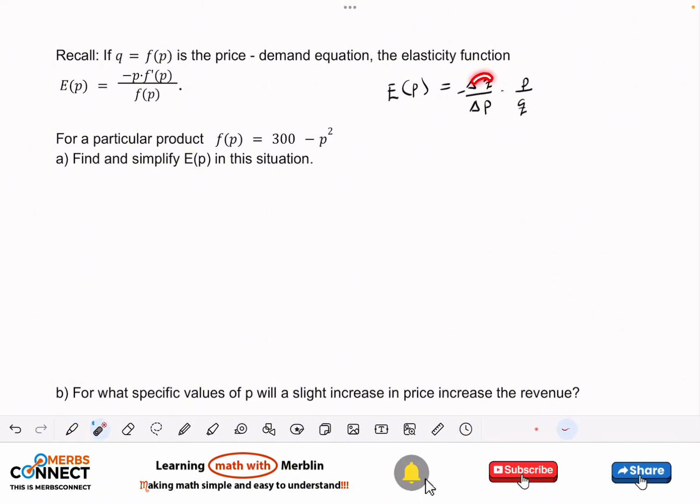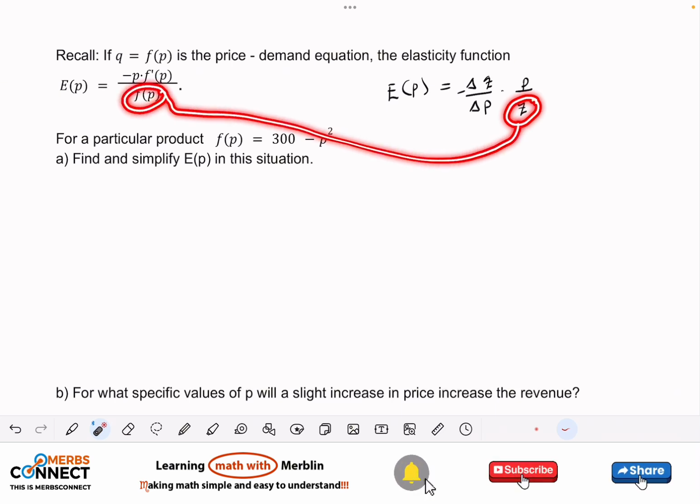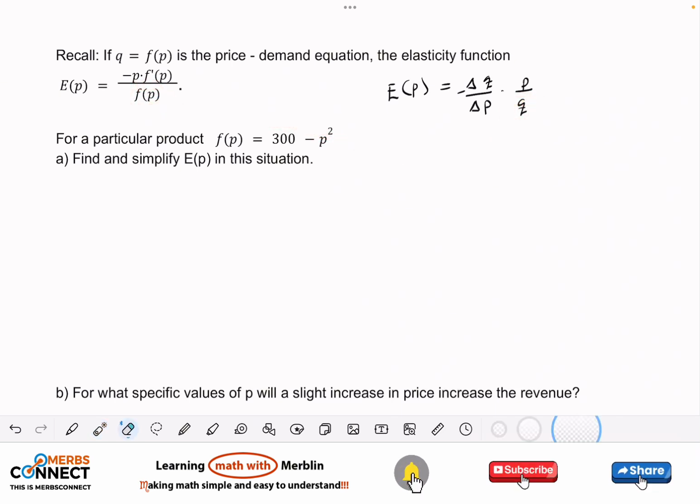And we say that this can be written as f prime of p, and then the q here can be written as this. So we will be using this one as well, right?